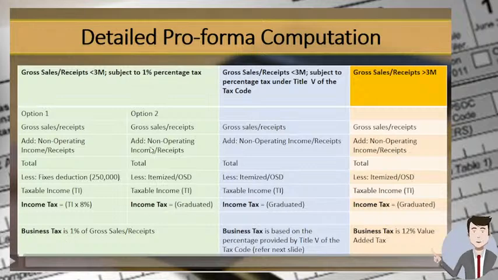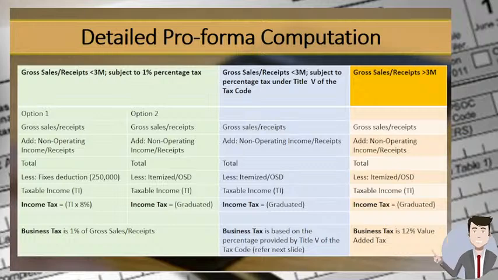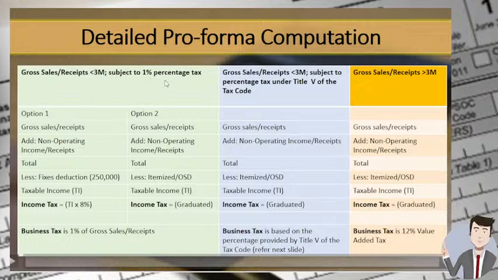For taxpayers with gross receipts of less than 3 million, subject to 1% percentage tax, the tax to be paid will be 8% of the taxable income if he selected the 8% option.